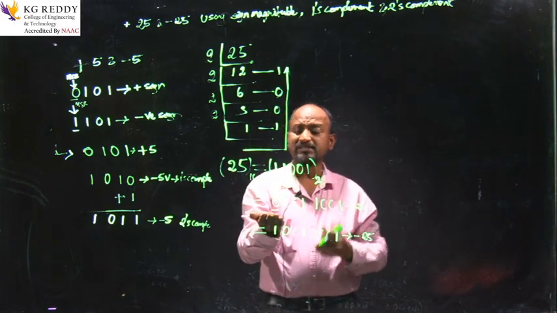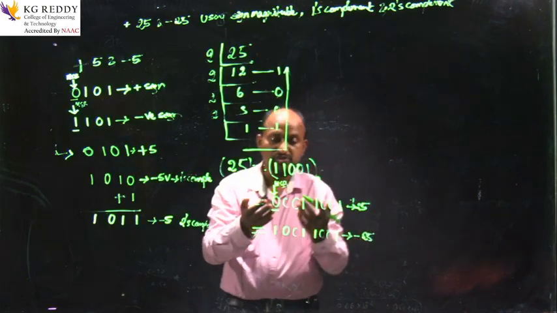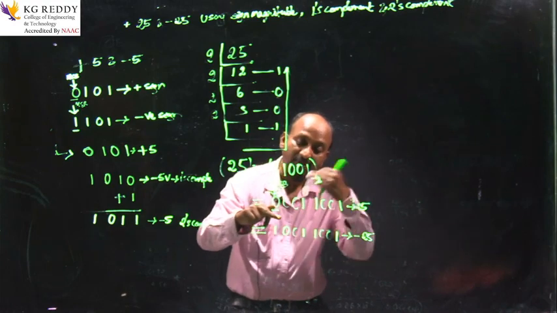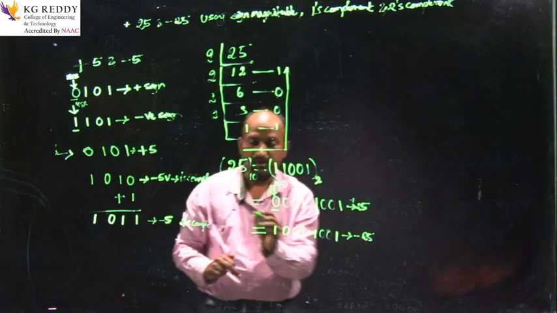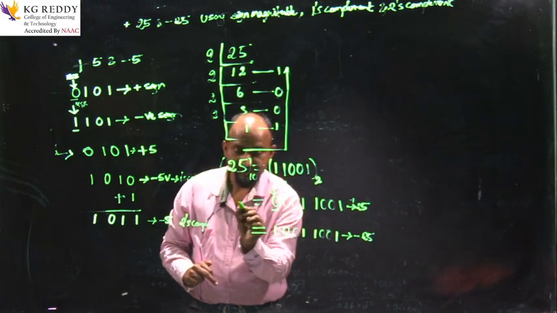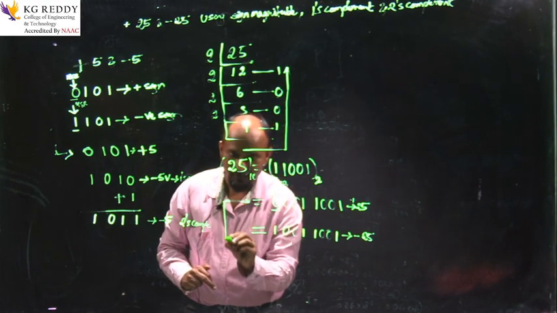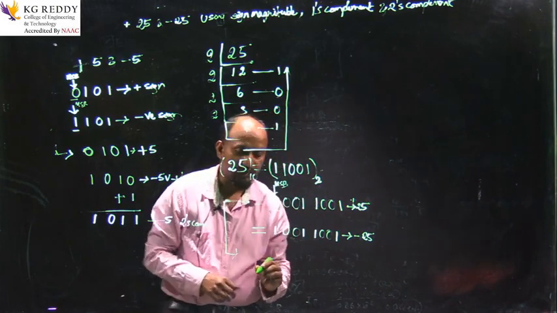What is the meaning of ones complement? It is the negative of the original number. So if you take the complement of this positive 25, it is itself the minus 25 representation. So I take this as a reference in sign magnitude. Now I am showing the conversion into the ones complement. So how does the ones complement come?